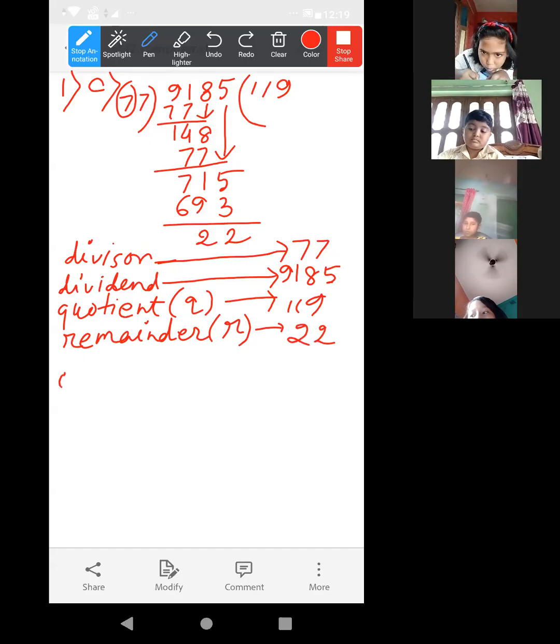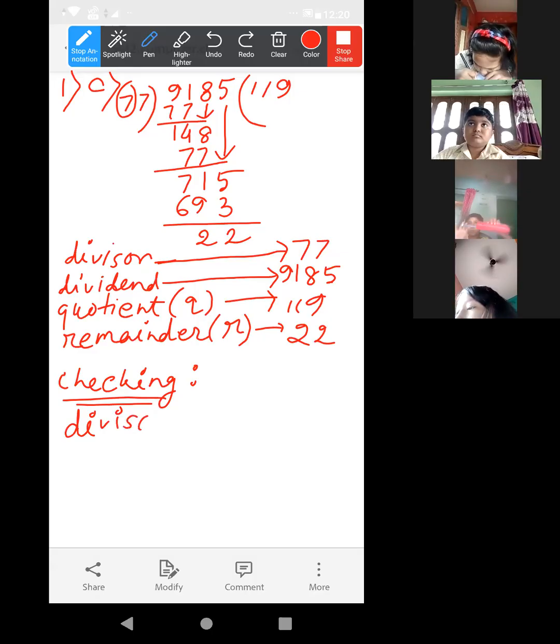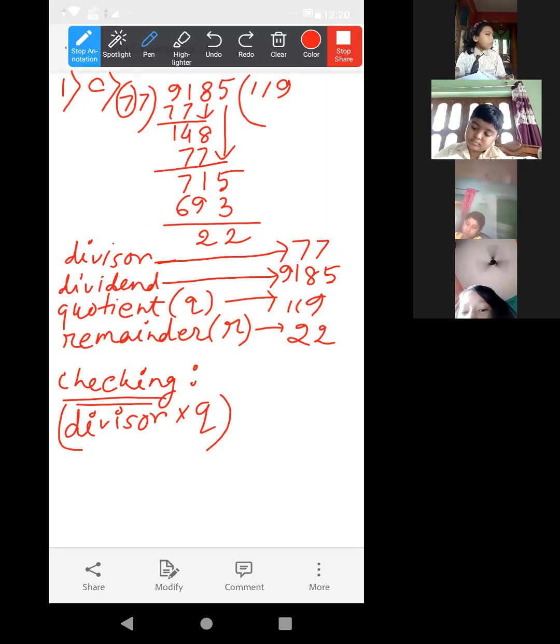Now checking. Do the checking first. Divisor into quotient; I am not writing the whole word, I have just written Q, that means the quotient.